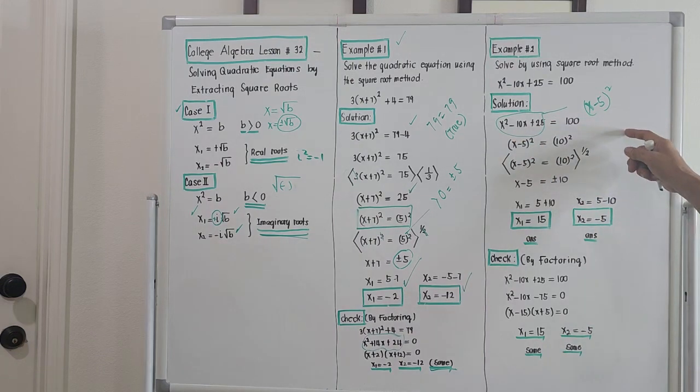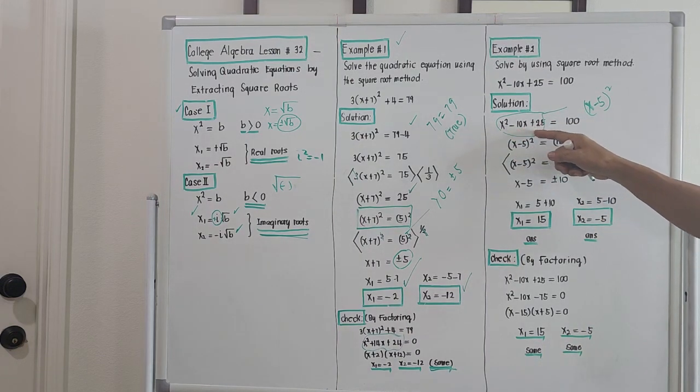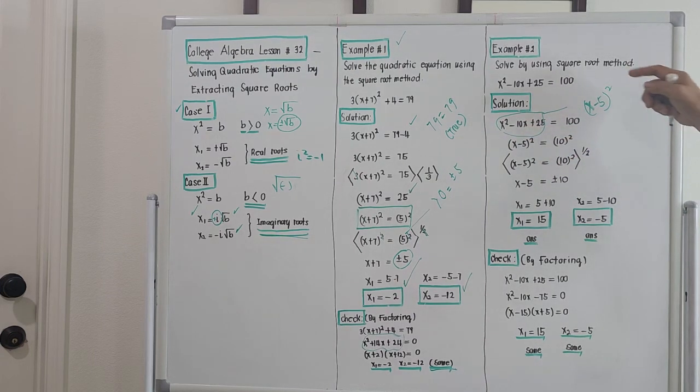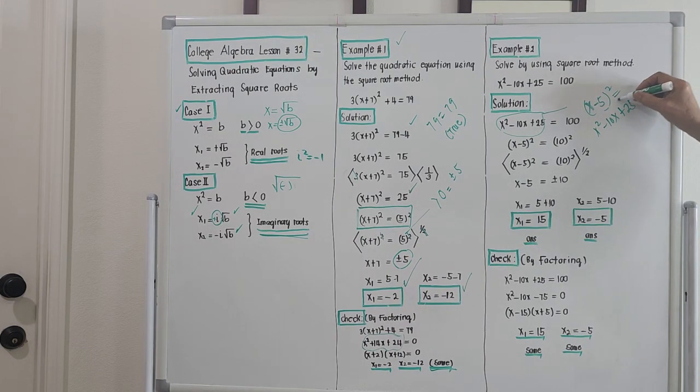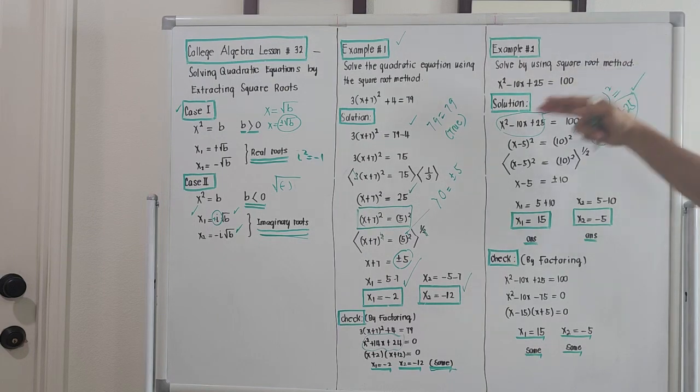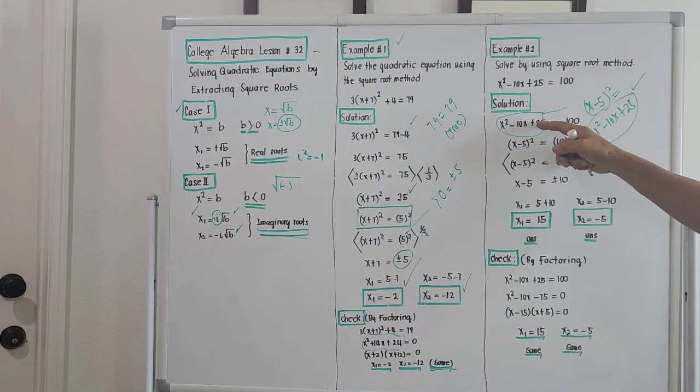And luckily, the factored form of this is x minus 5 quantity squared, because if we expand it, the square of x is x squared, the middle term is minus 5x times 2, that is negative 10x, and the last part is the square of negative 5, so this will be plus 25. So this quadratic expression can be factored as simply x minus 5 quantity squared.